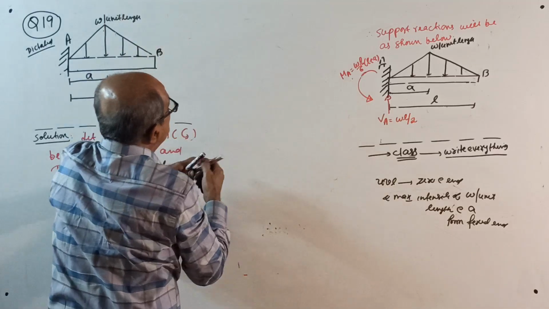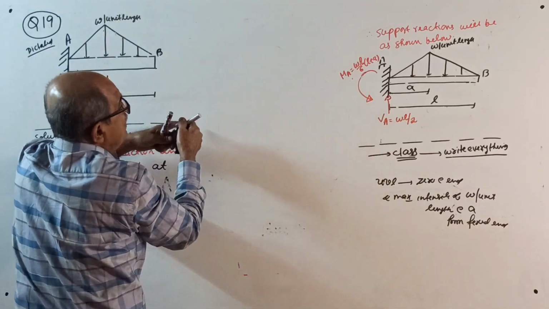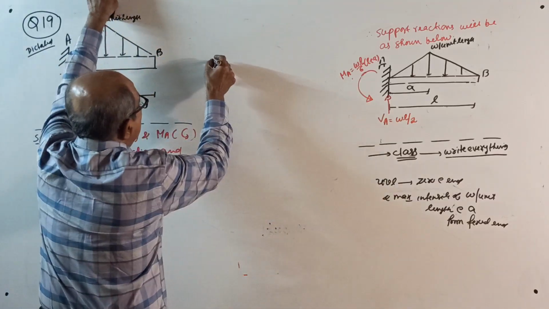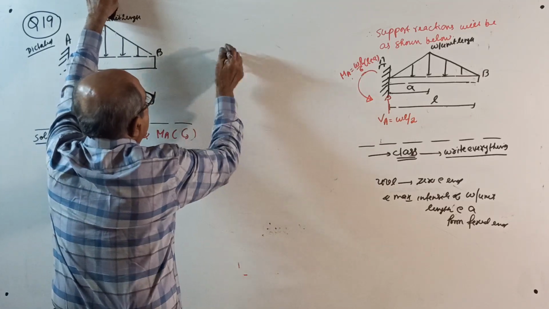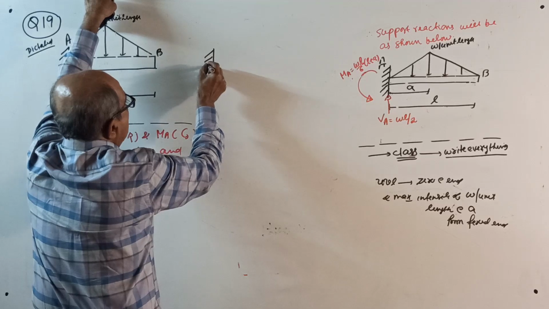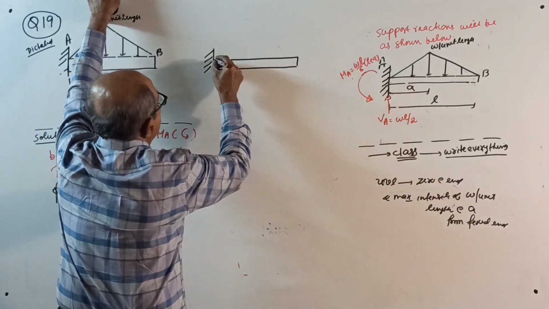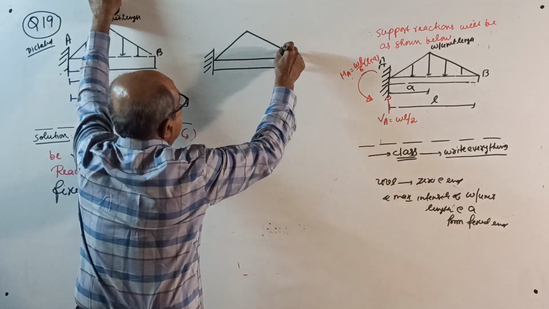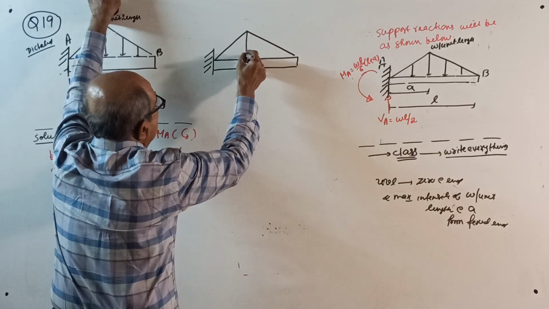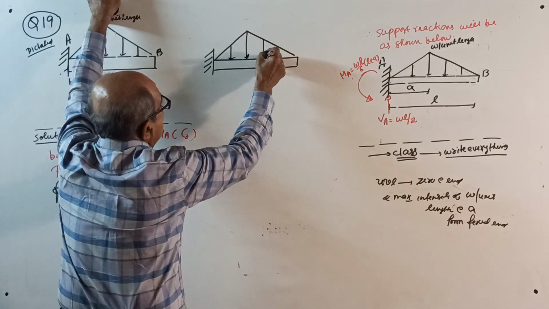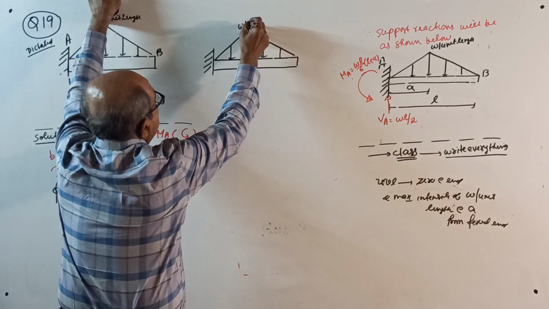Put the beam once again. Draw the beam. This way and this way. This is W per unit length.